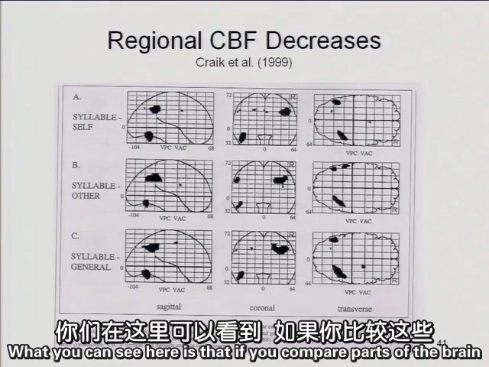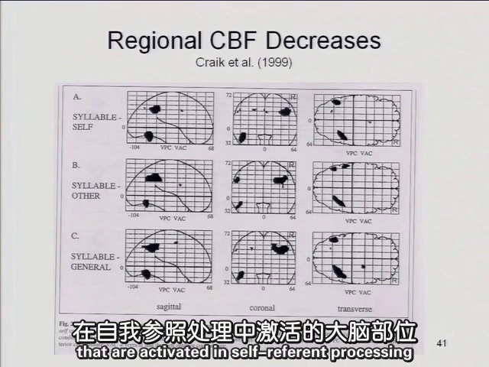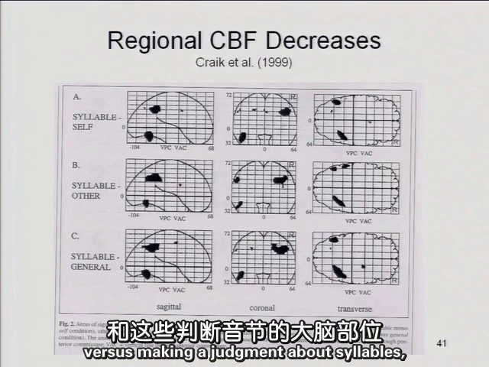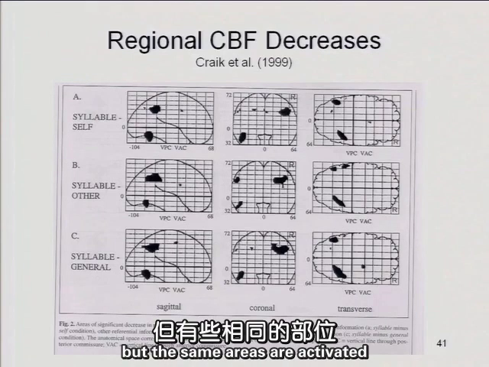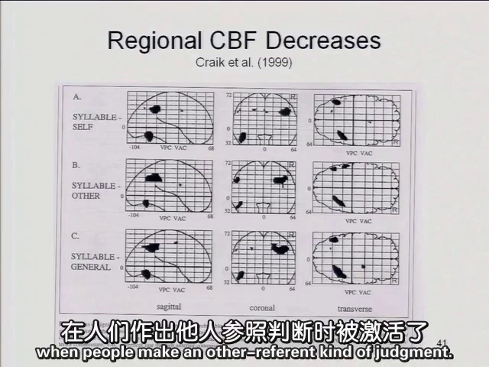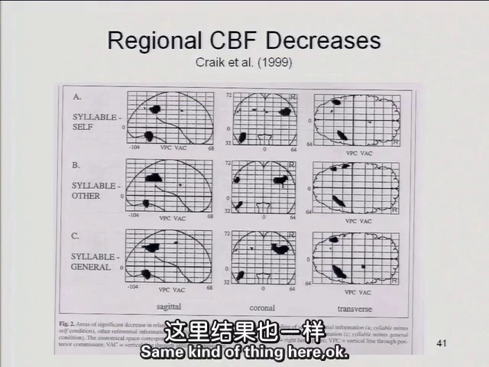What you can see here is that if you compare parts of the brain that are activated in self-reference processing versus making a judgment about syllables, there are some areas, but the same areas are activated when people make an other referent kind of judgment. Same kind of thing here.